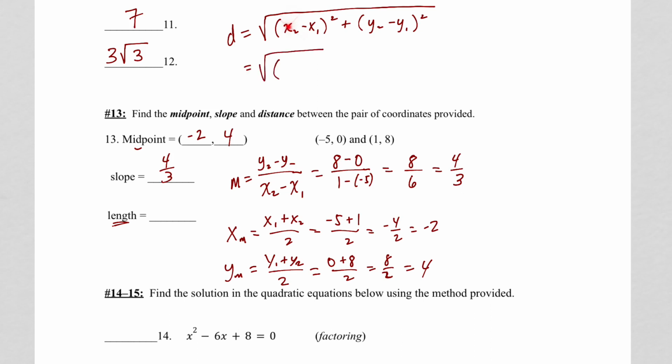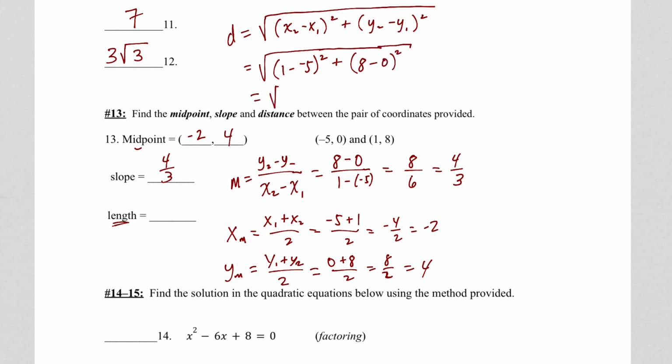Well, x2 is the x value of the second point, that's 1, minus x1, which is the x value of the first point, that's a negative 5. So that'll become a plus 5 squared, plus y2 is the y value of the second point, that's 8, minus y1, which is the y value of the first point, that's 0.